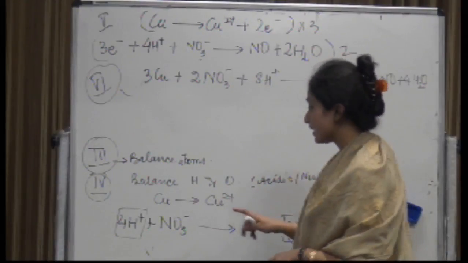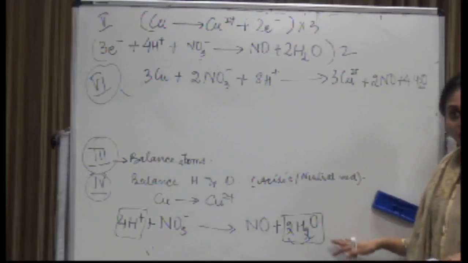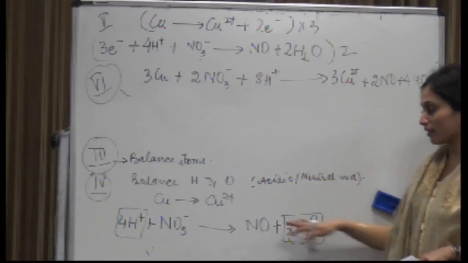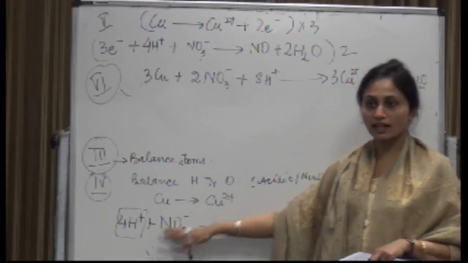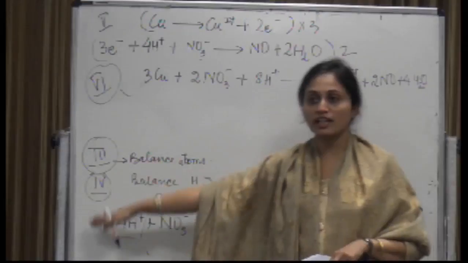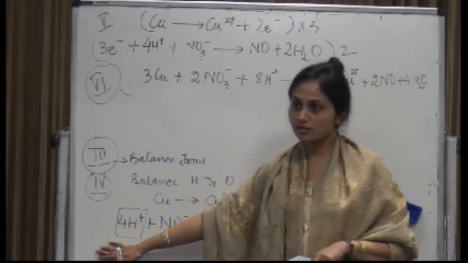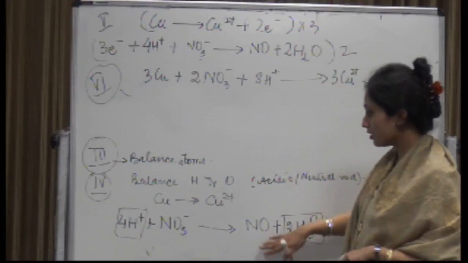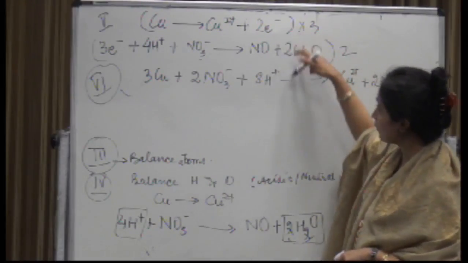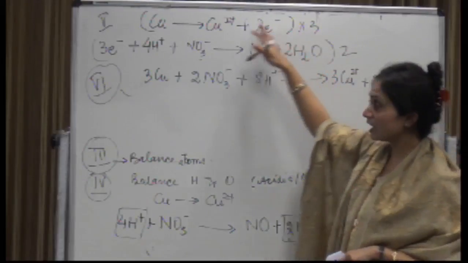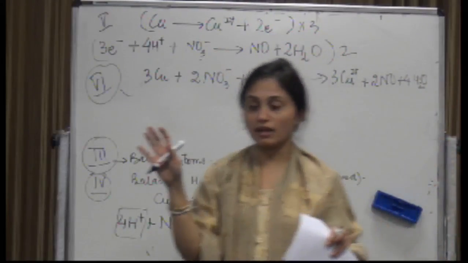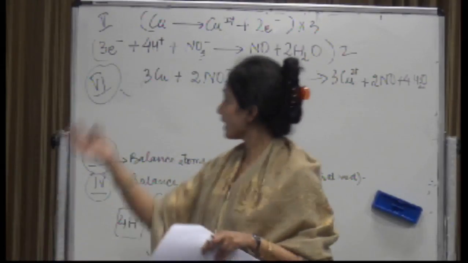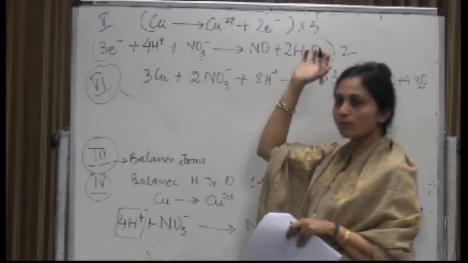If it is acidic medium, I will be adding excess number of water molecules onto the other side to balance out the oxygen atoms. ठीक है, फिर हाइड्रोजन को बैलेंस करने के लिए उतने H प्लस टू दी अदर साइड. ठीक है, इतने H प्लस हमने इस साइड पे ऐड कर दिए. अब हमने क्या करा, we took both the reactions together and added the electrons, charge balance किया by adding electrons wherever it was required, and as expected electrons for the oxidation reaction will be coming on the right only.